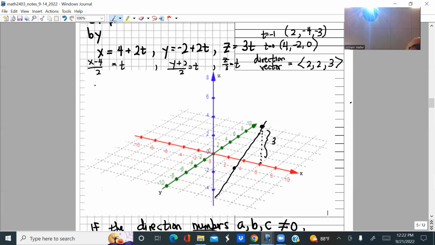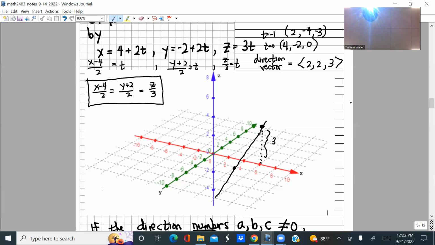So you can set them equal to each other. So x minus 4 over 2 is equal to y plus 2 over 2 is equal to z over 3. These are called the symmetric equations for the line. Okay.